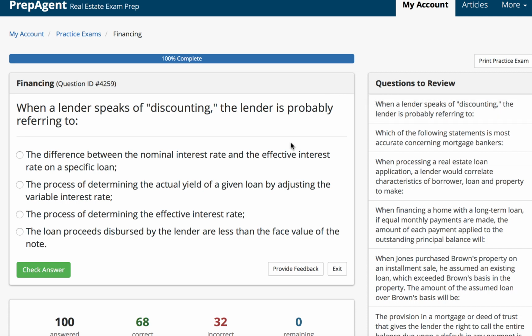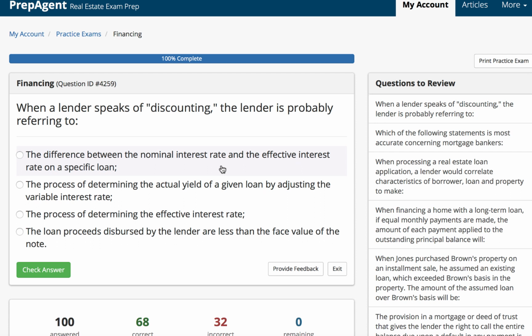So discounting is when a lender applies a fee to the buyer. Yeah. Okay. So I'm not sure on this one. I want to say, I'm not sure on this one, actually. Well, just take your best shot.